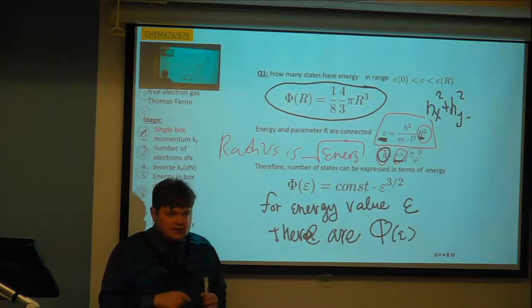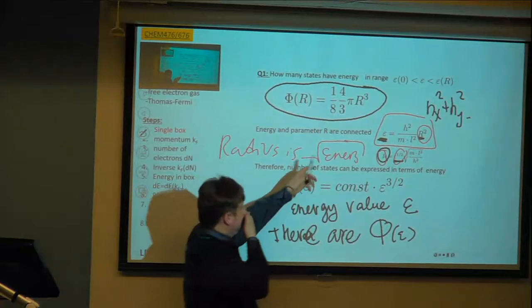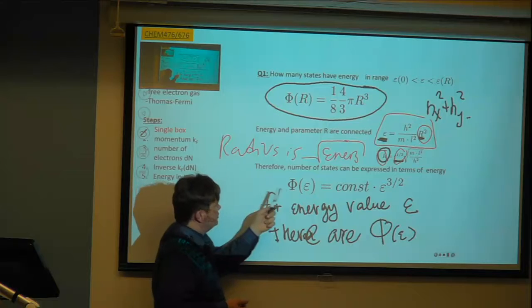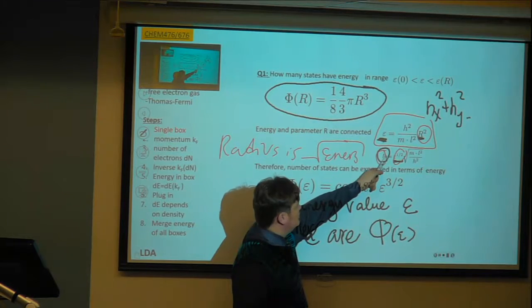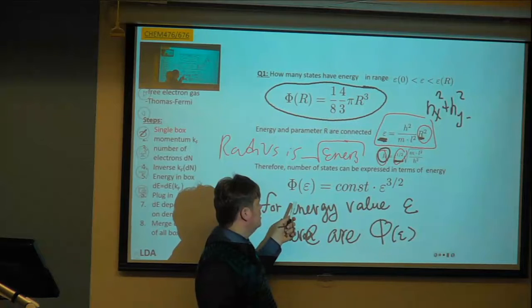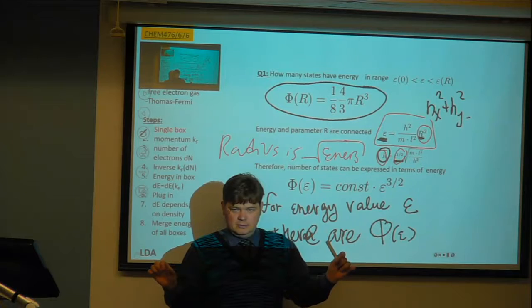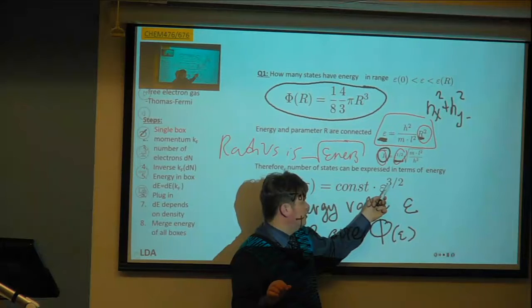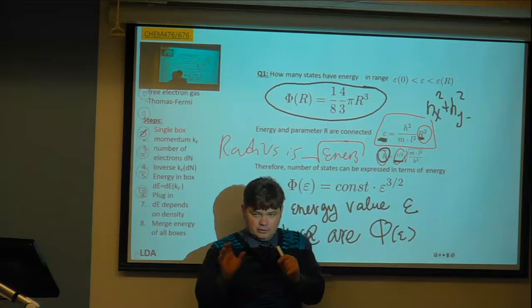Two steps before, we did agree that the number of states in this thin yellow stripe is radius to the 3rd power. But if the radius is the square root of energy, we can just plug this expression for R into here. And then we get that the amount of these states on the border is some constant times power 3/2 of the energy, of this threshold value energy.